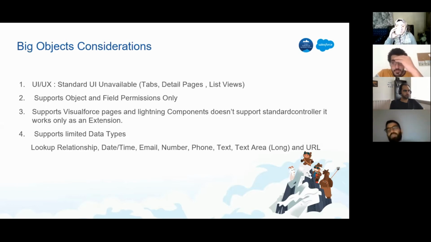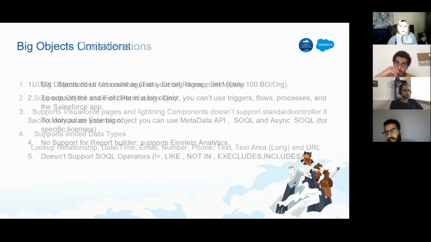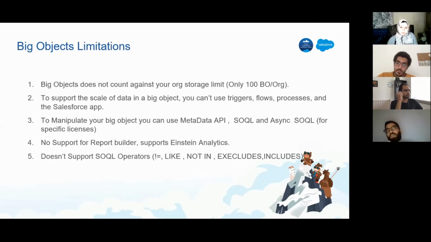You cannot have the full data types that Salesforce supports in the normal Salesforce objects. You only have the lookup relationship, date time, email, number, phone, text, and text long, and URL. Those are the only data types that are supported in big objects in Salesforce.